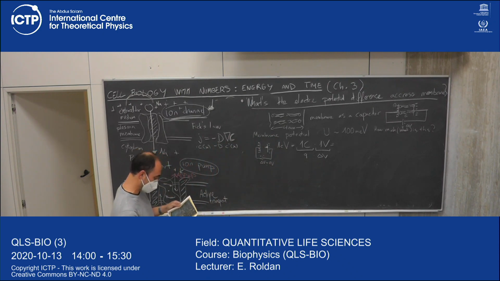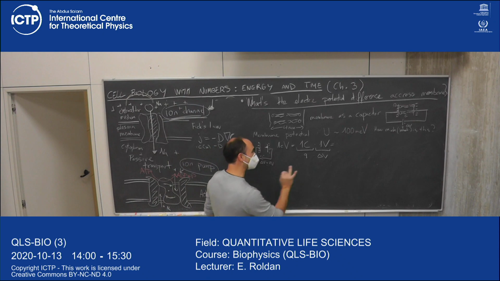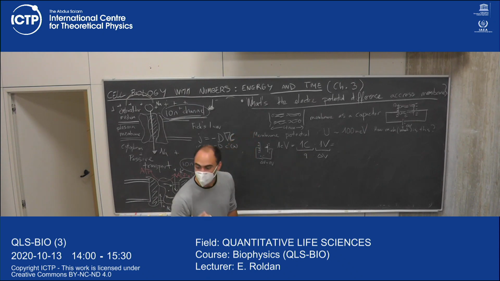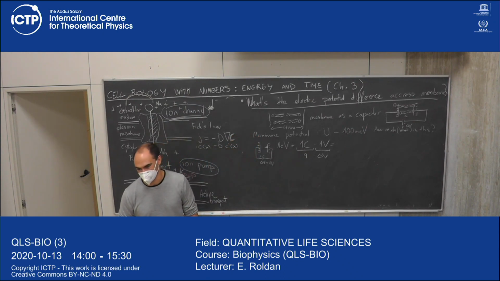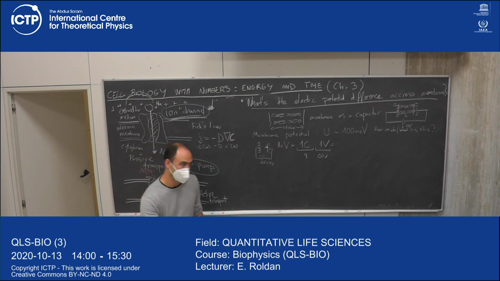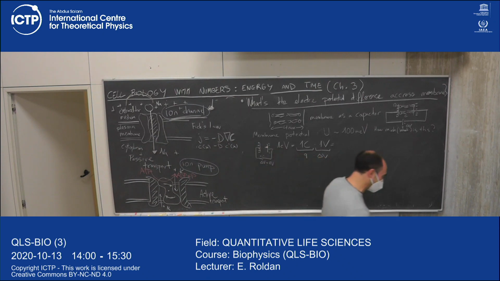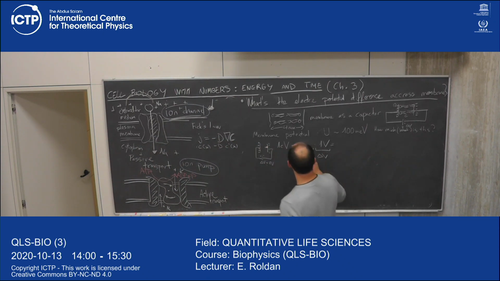And now, sorry, I made a big mistake, because I put here 1 coulomb. What is the charge of an electron? 1.6. Very good. You have to be awake in the class, otherwise these things happen.